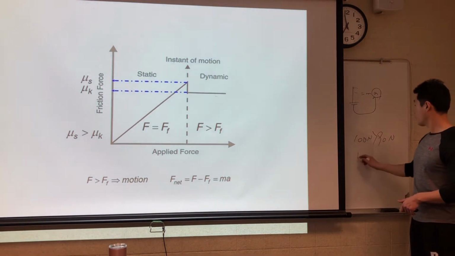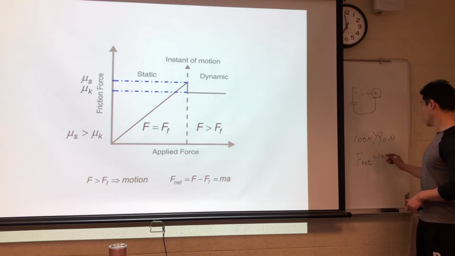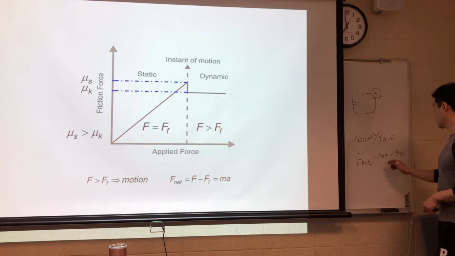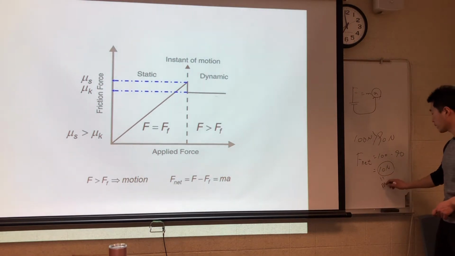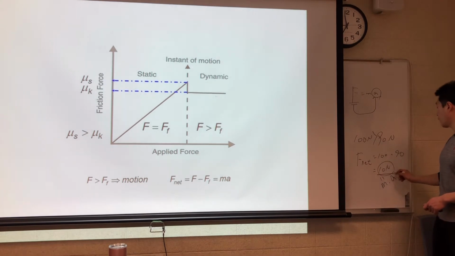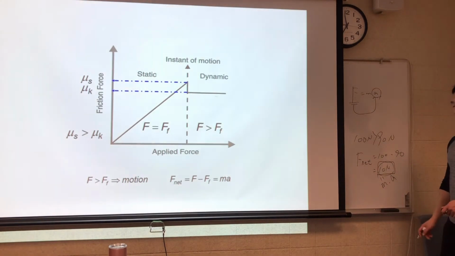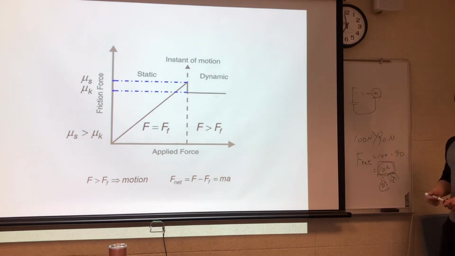But how much will the net force be? 100 minus 90, which means just 10 Newton will be the net force, which is equal to mass times acceleration. Once you get this net force, if you know the mass of this object, you will be able to calculate acceleration by simply dividing this net force by the mass.